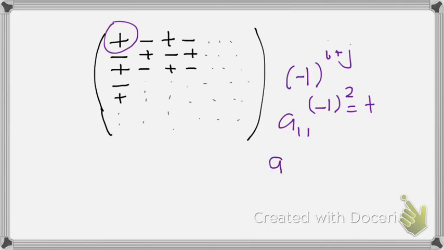If we take the A12, it would be -1 to the 3rd, which will give us a negative. We can do this for the entire matrix, and our cofactor matrix will follow the scheme of plus minus, then minus plus, and so on.